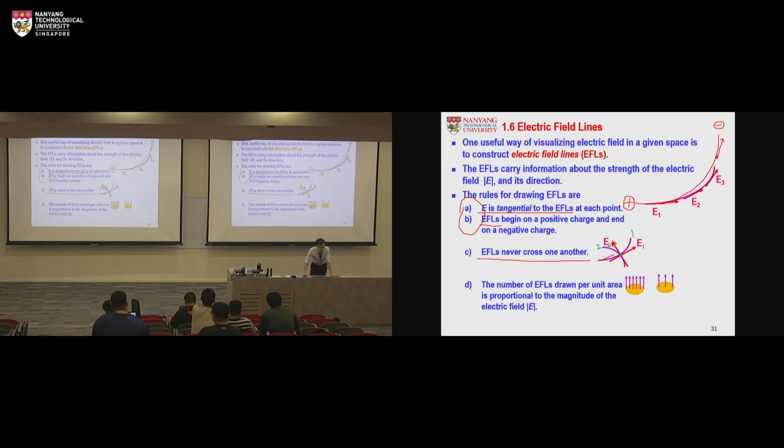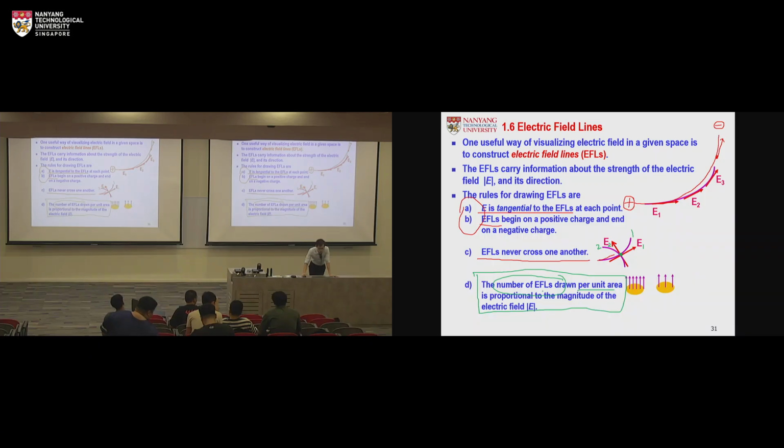And the final point is about the magnitude. The number of electrical field lines, or the density, that is per unit area, should be proportional to the magnitude of E. Another way to say it is the density of electrical field lines should reflect the magnitude of E. If you see more electrical field lines, that means the intensity, the magnitude of E, is larger.